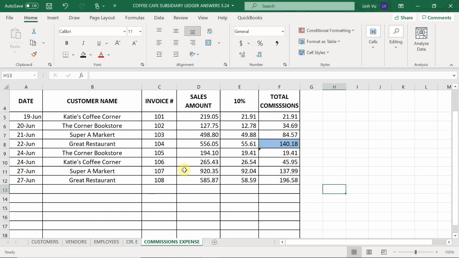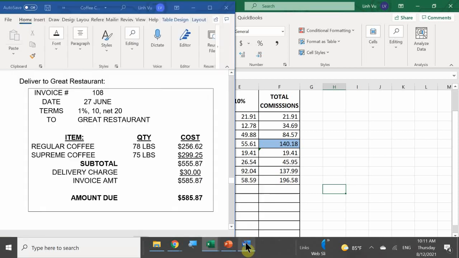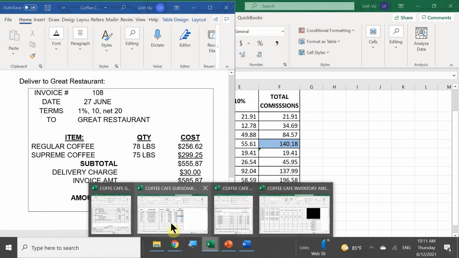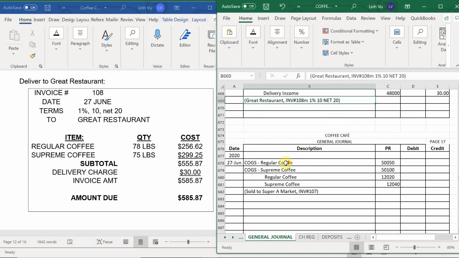So we did the ledger, we did the journal, we did the commissions, and updated the customer. So now all we have left is to compute the cost of goods sold. So here I'm on the next page, 17. And I'm going to change this real quick while I'm here anyway.